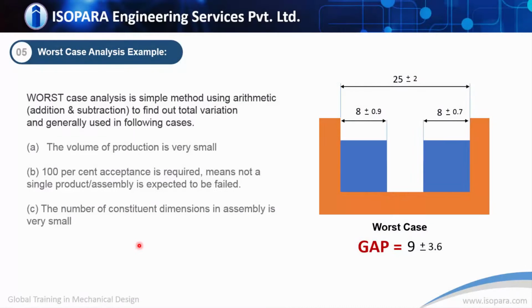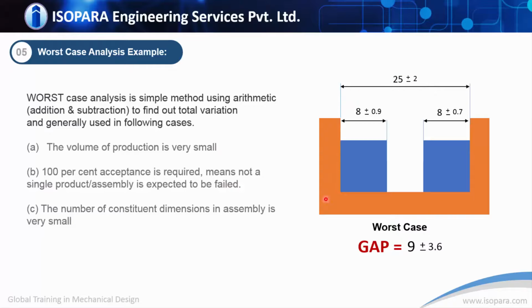Now, let us see a simple example of worst case analysis. Worst case analysis is a very simple method where the variation of gap at assembly level will be calculated by doing simple arithmetic operations on the tolerances of components. Here, two parts having mean dimension 8 mm and tolerances of plus or minus 0.9 and plus or minus 0.7 are contained within the orange color part, plus or minus 2 mm.